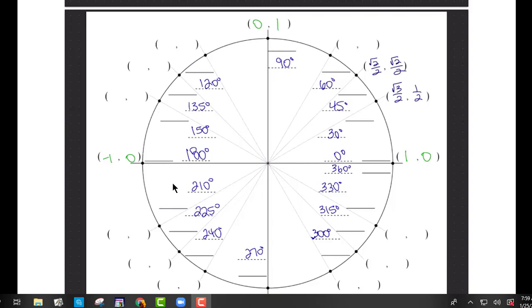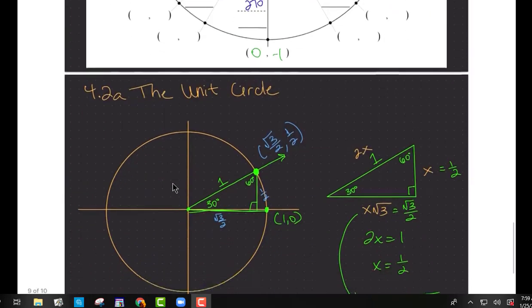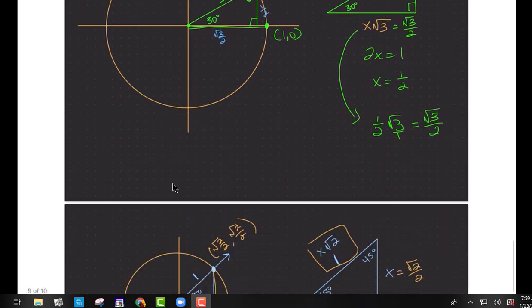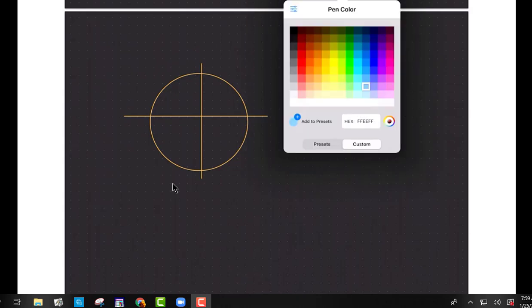So we got one more to go, right? It's almost going to be like our 30, 60, 90 that we did first. Make a nice little circle. Get your x and your y. And now we're going to go 60 degrees.